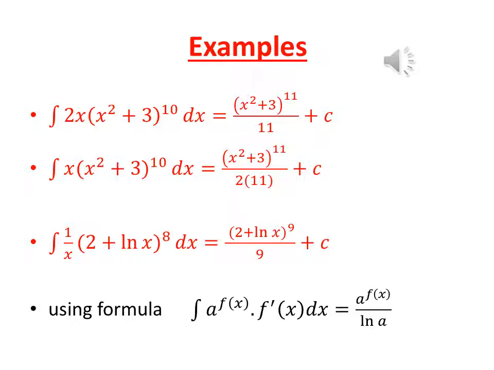The derivative of x squared plus 3 is 2x, and 2x is what comes after the brackets. So from the last rule, the integration of f of x power n times f dash of x is equal to f of x power n plus 1 over n plus 1.